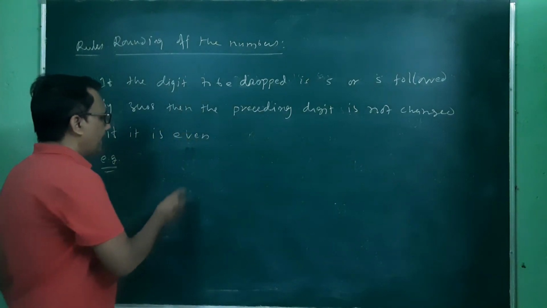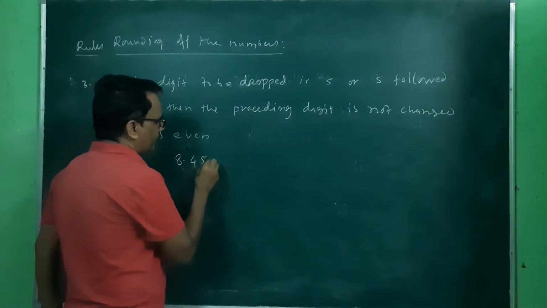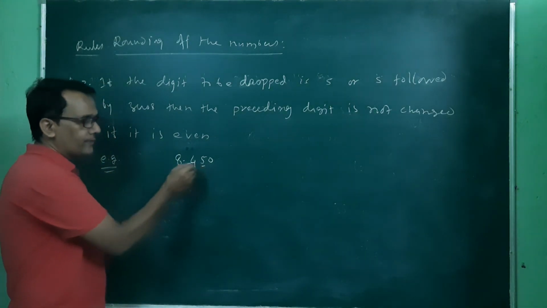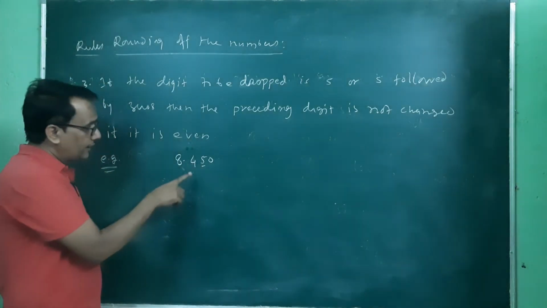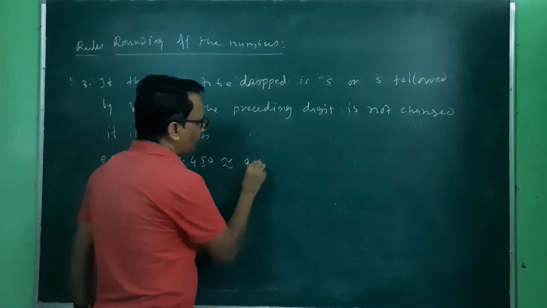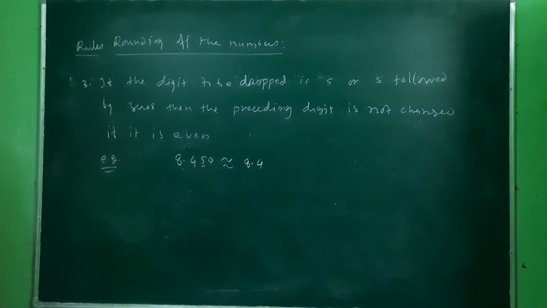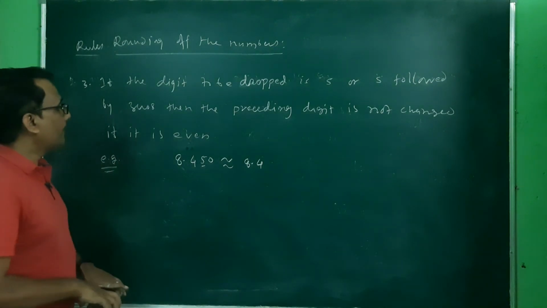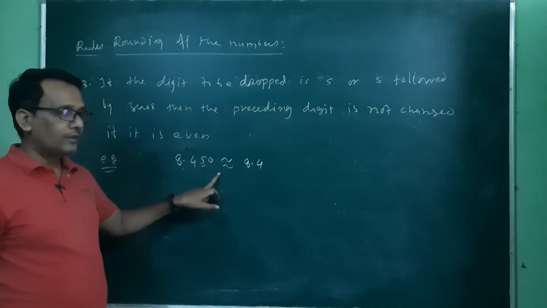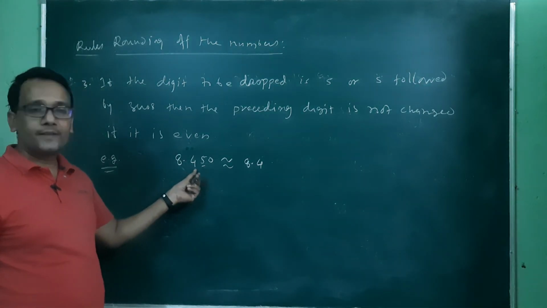For example, 8.450: this is 50, and the preceding digit is an even number, so this is written as 8.4. So remember, if it ends at 5 or 50 and the preceding digit is even, then it is unchanged.